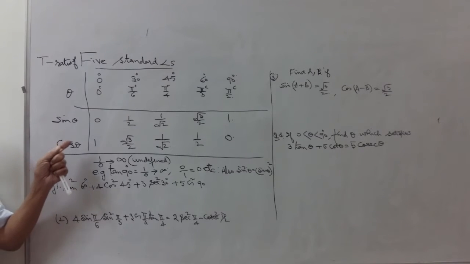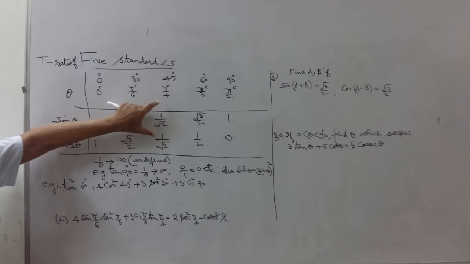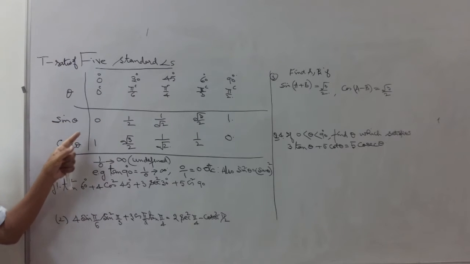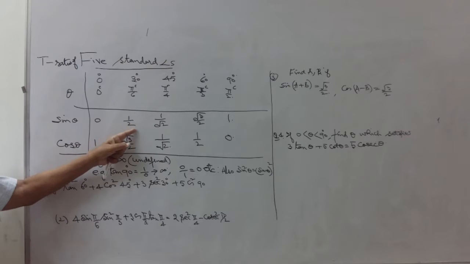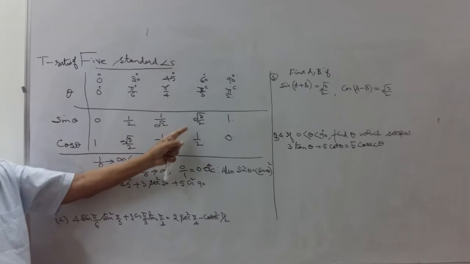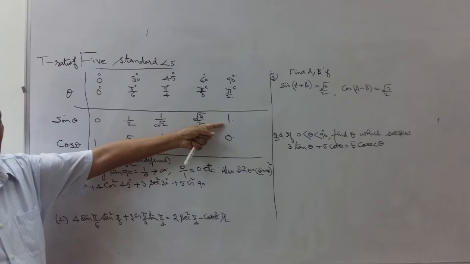Now the values of these T ratios are written in the form of a simple table. You can mark sin theta, cos theta. The values of sin theta, you are familiar with it. Sin 0 is 0, sin 30 is half, sin 45 is 1 upon under root 2, sin 60 is under root of 3 by 2, sin 90 is 1.